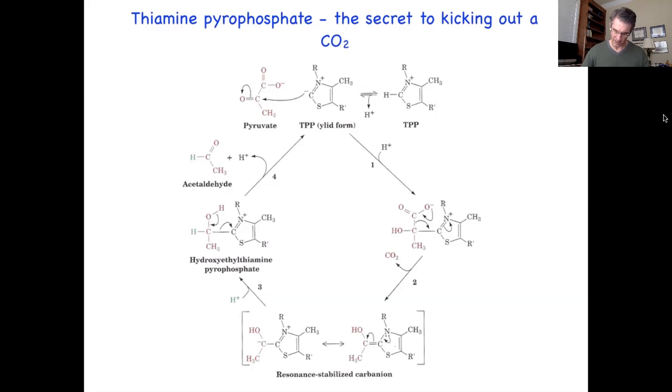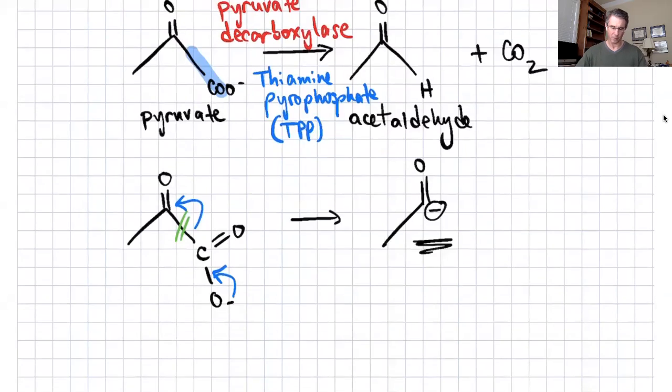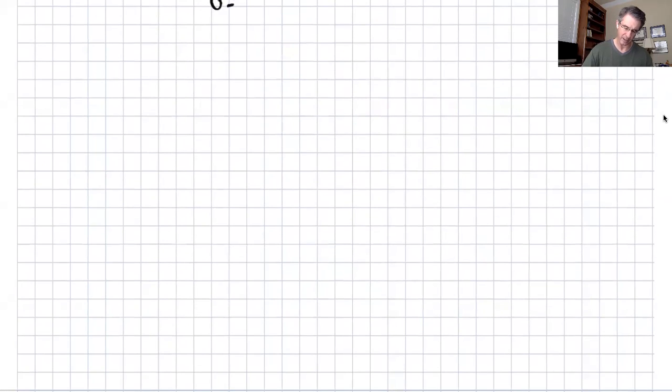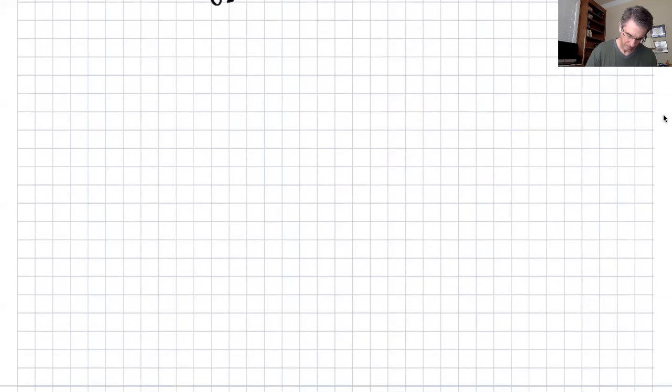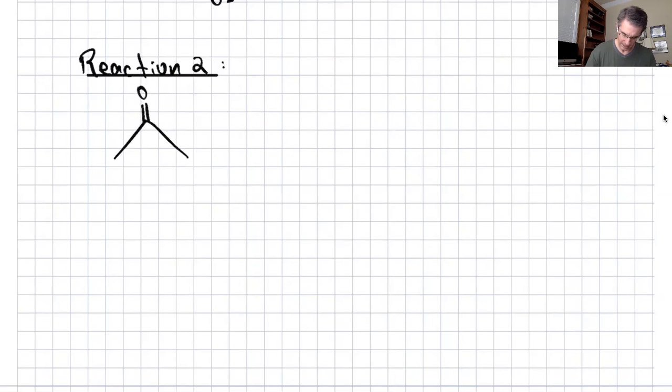Well, it's actually pretty easy because that was the hard part. So reaction 2 of alcoholic fermentation is just to now take that acetaldehyde, right? So we decarboxylated pyruvate, made acetaldehyde.